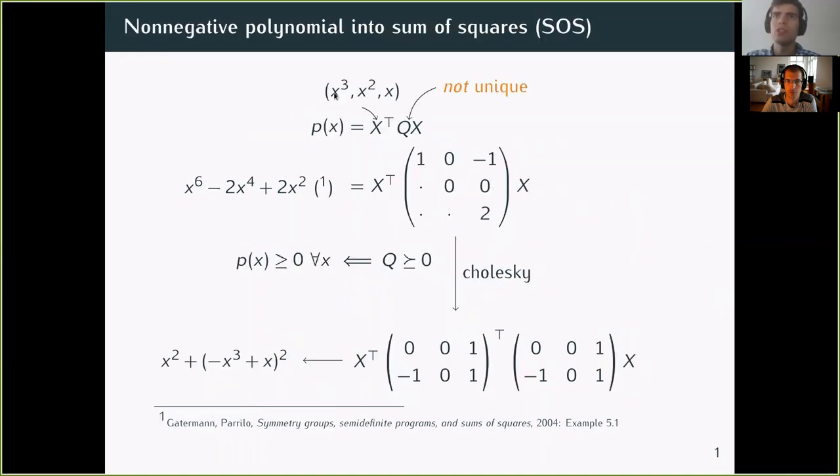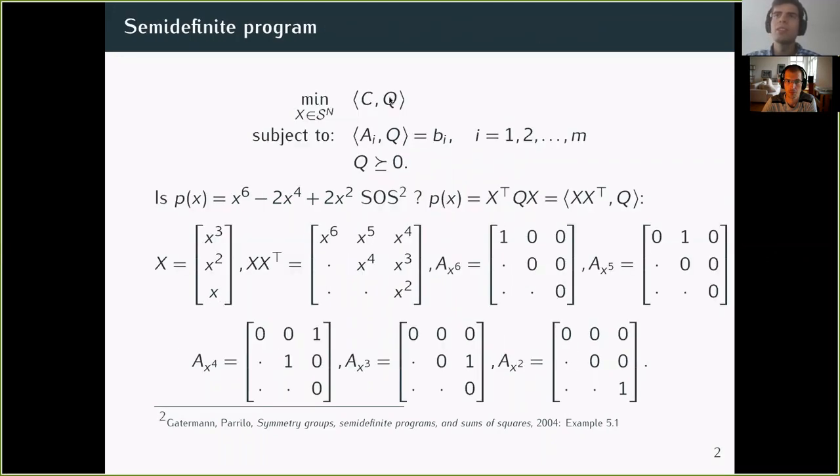In this case, it was the monomials X cubed, X squared, X. If you want this equality, it means that the scalar product of Q with this matrix should be equal to the polynomial. And when in this matrix you have the same monomials, it means that you have some freedom in Q. So here, for instance, the coefficient of x^4, minus 2, should be equal to this matrix times Q, so it's the sum of these two entries. So you can somehow move in this subspace.